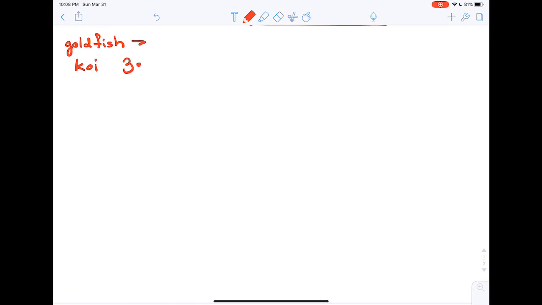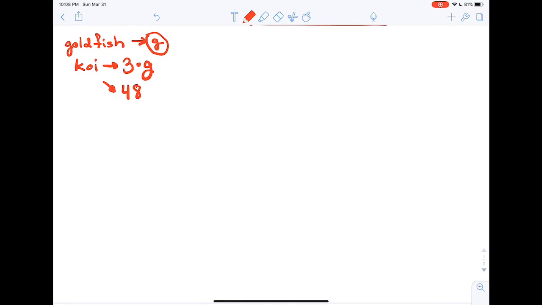Well, let's say that goldfish is G. So it's going to be 3 times the G. Well, if we keep reading, it says, if there are 48 koi. So now it has told us that koi is equal to 3 times the goldfish, and koi is also equal to 48. Then it asks the question, find the number of goldfish. So basically find what G is.